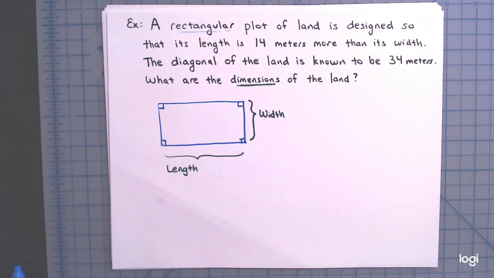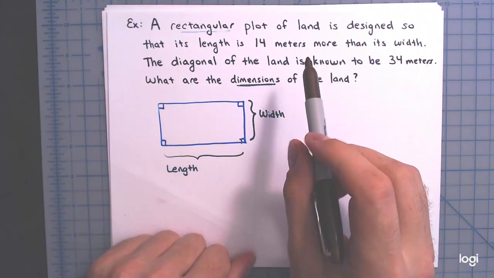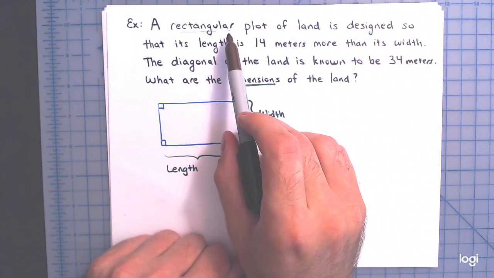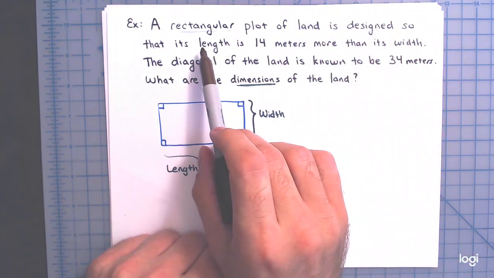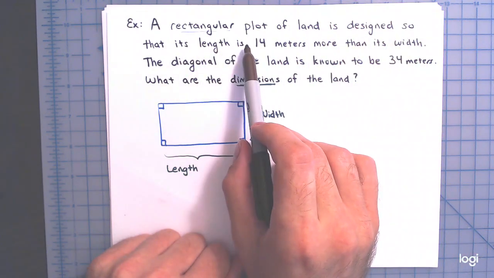So I'm going to try to keep the number of variables to a minimum. In fact, I would like to only have one variable, because we've been solving quadratic equations in this video and in previous videos involving only one variable. So notice the first sentence: a rectangular plot of land is designed so that its length is.